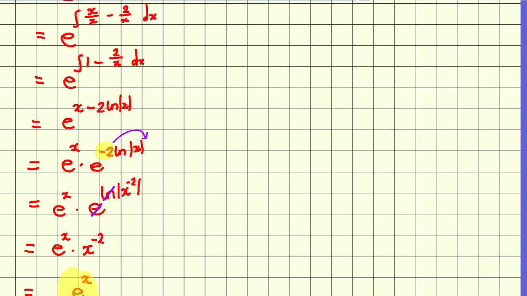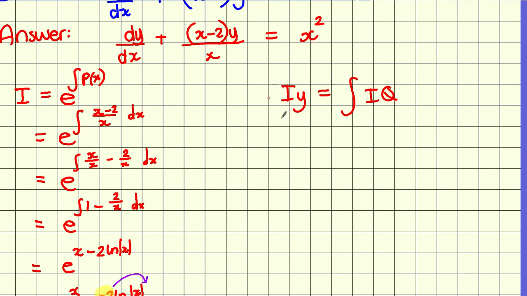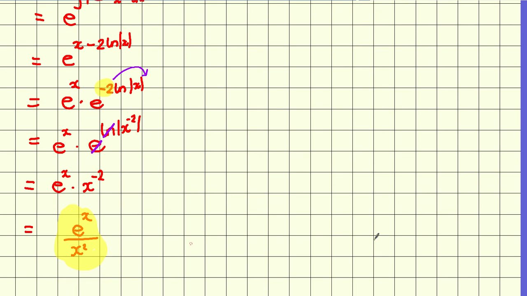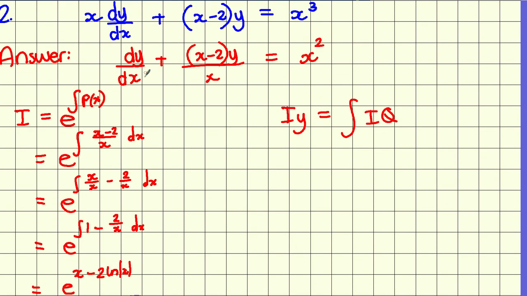So if I go back up to this side, I've got I times y, where I was e to the x over x squared. So if I write that in here, that's going to be I times y equals. So here we've got the integral of Iq.